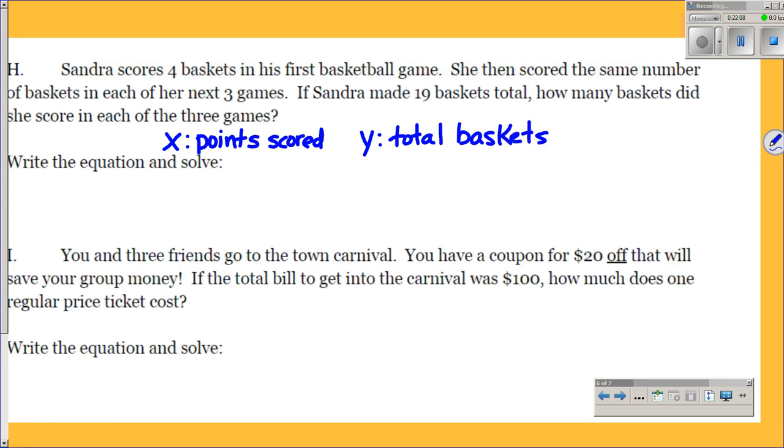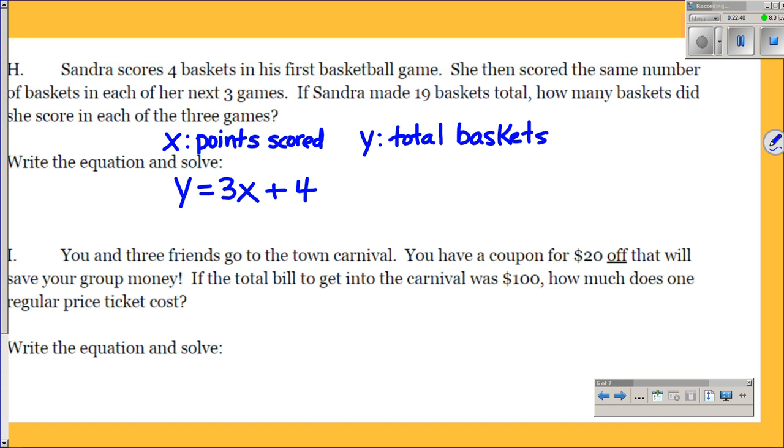So the total baskets she scored is going to depend on how many baskets she made those 3 games following her first game. So we're going to write the equation in slope-intercept form. We're going to say the total baskets equals 3 times, because she played 3 more games, 3 games times the number of points scored, this is what we're trying to find, plus the 4 baskets she scored in her first game. So that first game is your y-intercept.